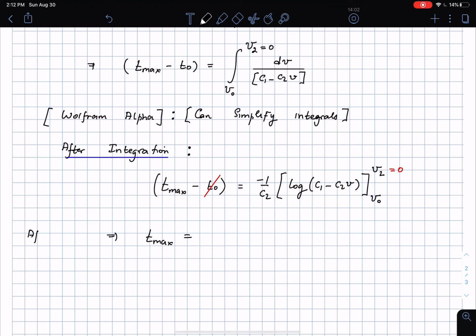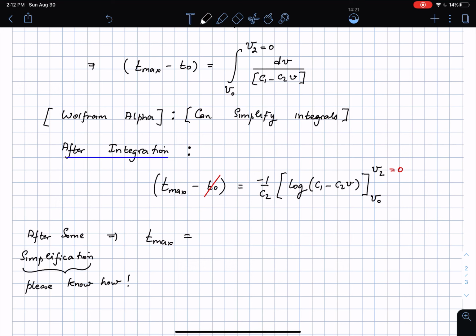After some simplifications, please know how to do this. I'm not going to go through the details of these things.